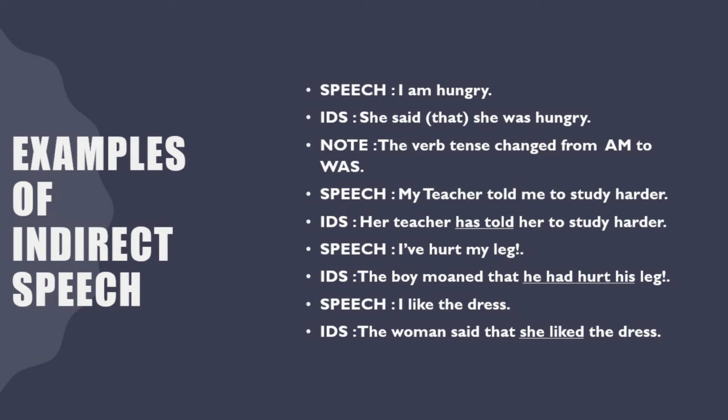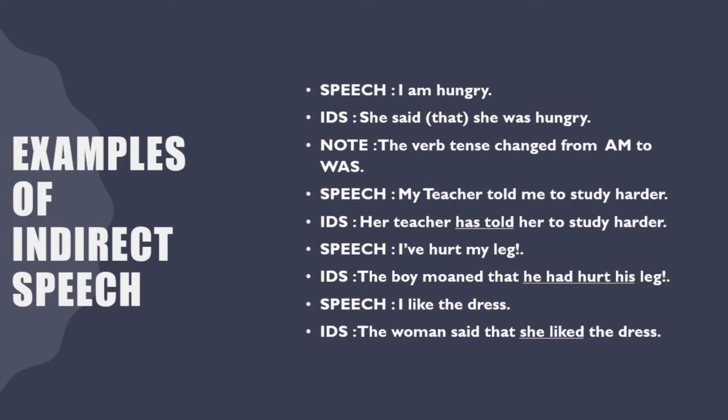Note that the verb tense changed from am to was. So I'm going to give you other example which will help you to identify where the verb and pronoun tense changed. Now the second example is, "My teacher told me to study harder." And the indirect speech for that sentence is, her teacher told her to study harder.